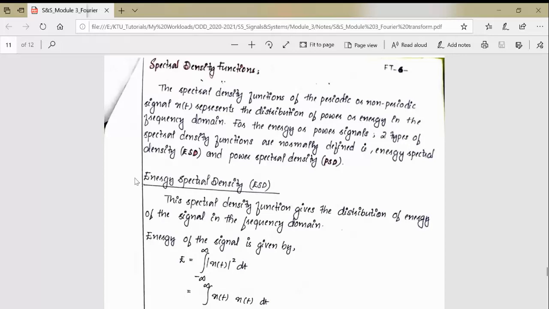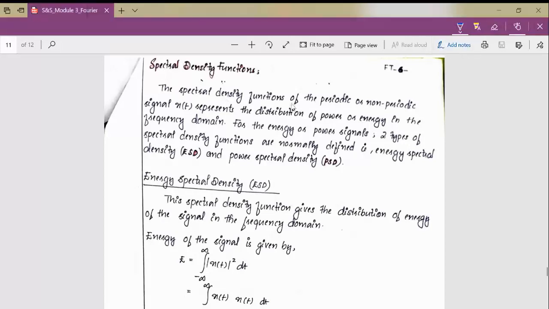So let's see what we mean by the spectral density functions. The spectral density function of a periodic or non-periodic signal x of t represents its distribution of power or energy in the frequency domain. So these density functions, power spectral and energy spectral functions, deal with the distribution of power and energy respectively in the frequency domain.